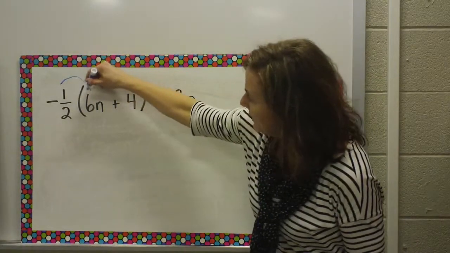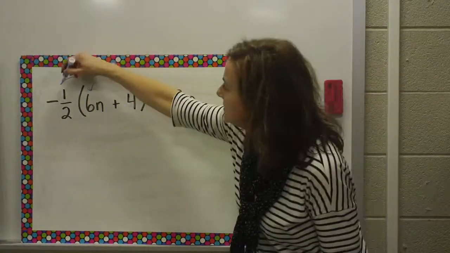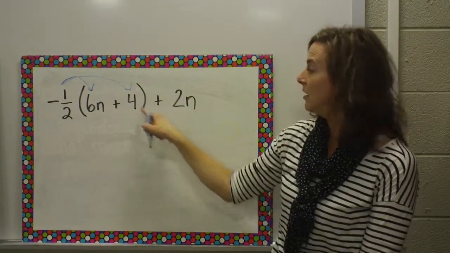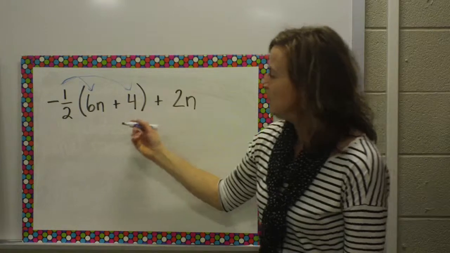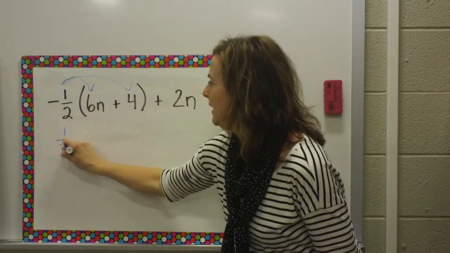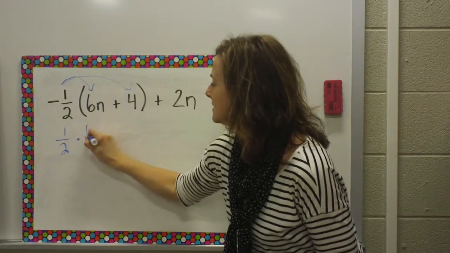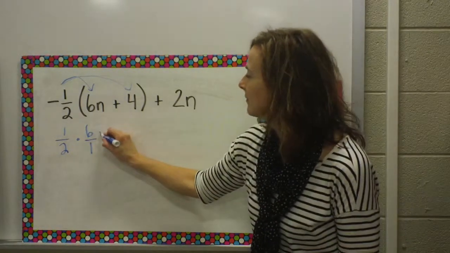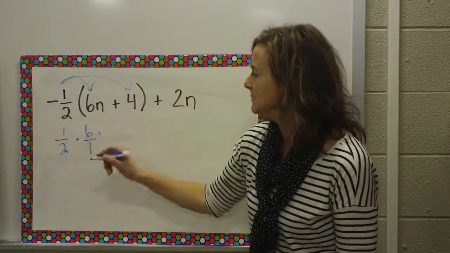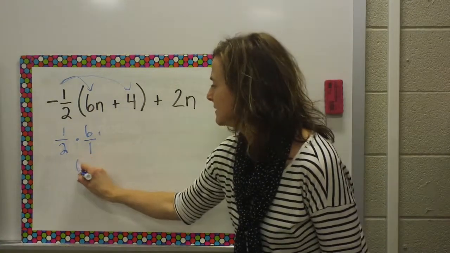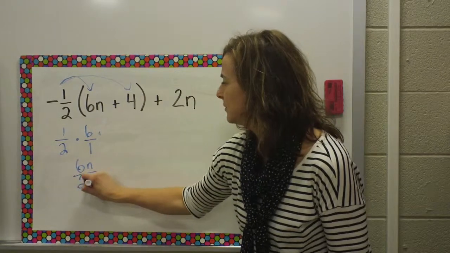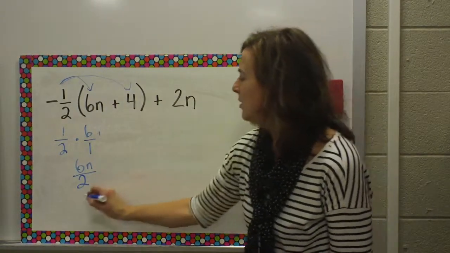I want a negative 1/2 of these, and I want a negative 1/2 of 4. So that means negative 1/2 times 6n, or 6/1. That's going to be 1 times 6 is 6. 2 times 1 is 2. So that's going to equal negative 3n.